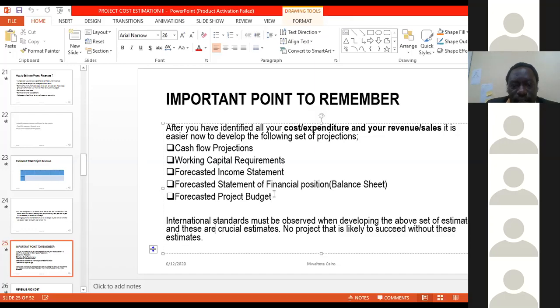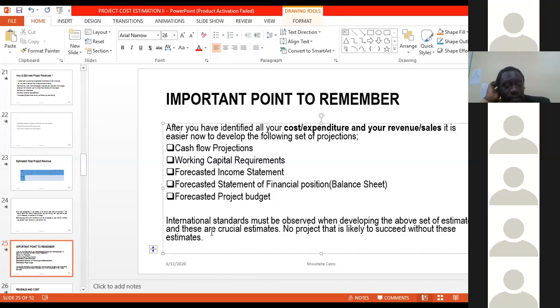And then you need to add your budget. Budget is also very important for this inclusion. But again, no project plan document or project charter is likely to be viable if they do not include what we have said here.